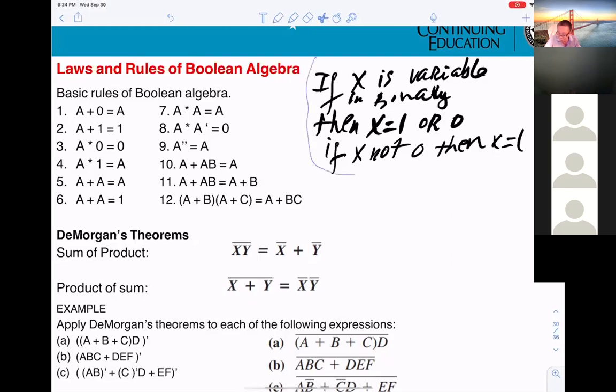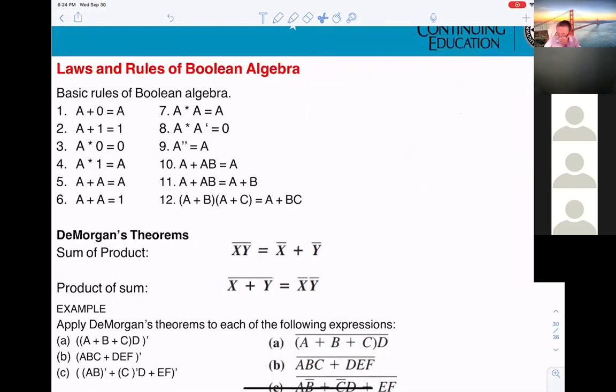Okay, now we quickly go through here. First thing, you get A or 0. A or 0 equals what? A. Now, A can be 0 or it can be 1, right?